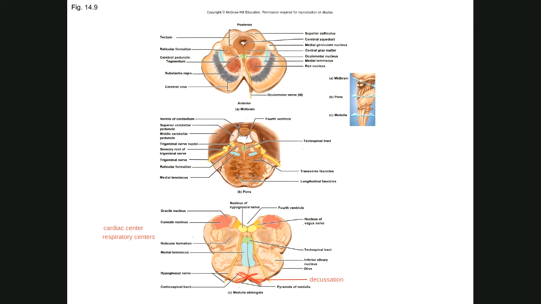So that's in the respiratory centers found here in the medulla. Okay, another important center that we find there is vasomotor centers. Vasomotor centers regulate blood flow and blood pressure.